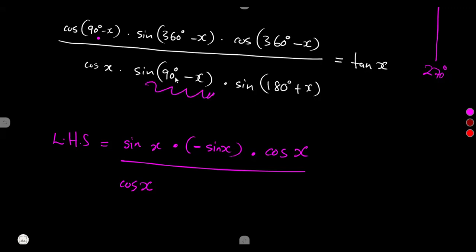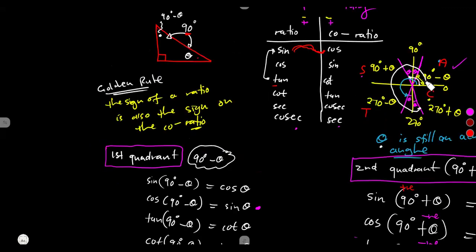Sine of 90 degrees, vertical, 90. We are back to the co-ratios. The sine of 90 degrees minus theta in the first quadrant, we said, is going to give us what? Sine changes to cos and it's positive. You are in the first quadrant.